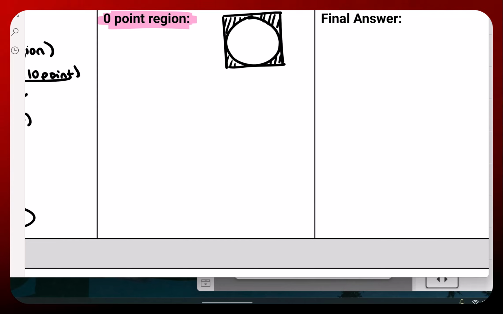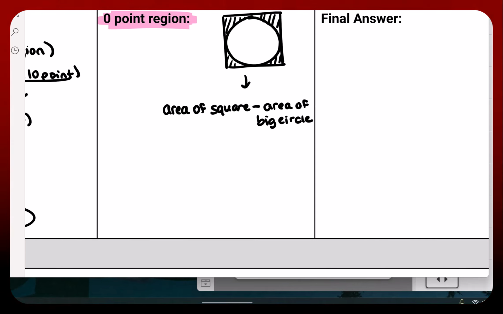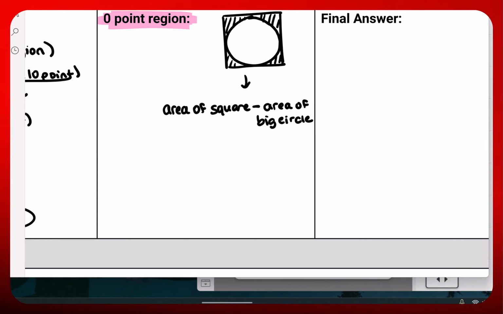So you have to find a plan for that. So the probability of that shaded zone is going to be the area of the square minus the area of the big circle. It's almost like that big circle has been cut out of that square, and that gives you the area of the 0-point zone.